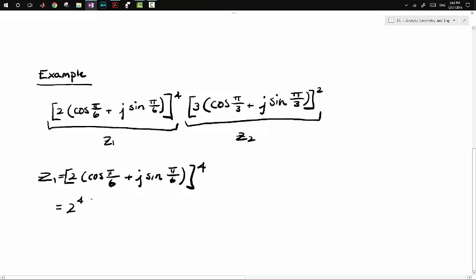The fourth power gets multiplied into the angle, so it'll be cosine of 4 pi over 6 plus j times sine of 4 times pi over 6.